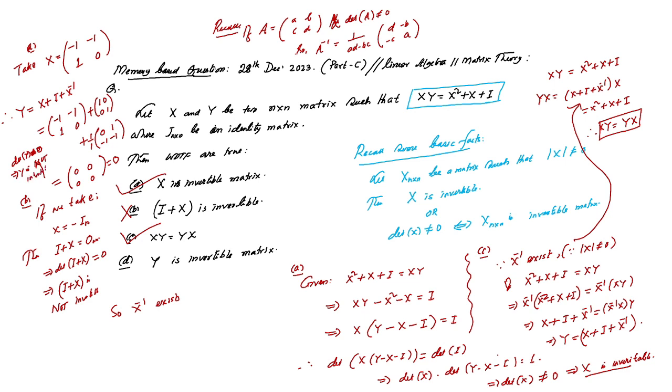In that specific example, if we take X equal to this 2 cross 2 matrix for n equals 2, Y is not an invertible matrix. So option D is false. So our answer is A and C are true, while B and D are false. Thank you.